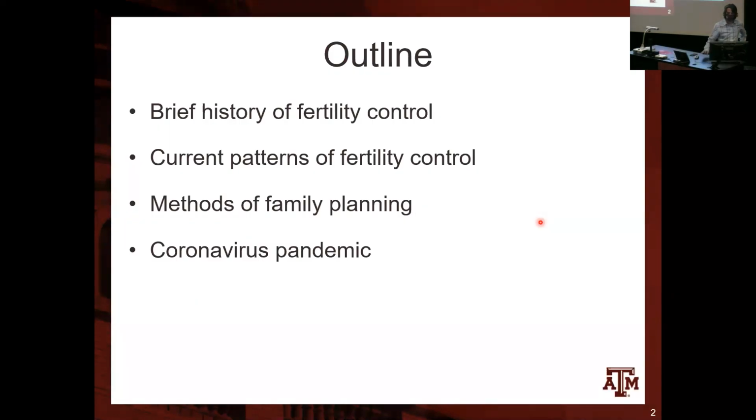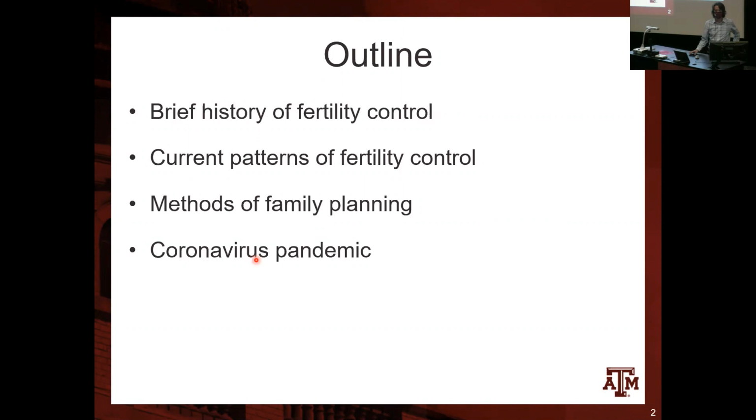And pretty much this chapter is divided between these 3 topics here: brief history of fertility control, current patterns of fertility control, and methods of family planning. And here at the end, I'm just updating with the most recent data that we have about the current coronavirus pandemic.